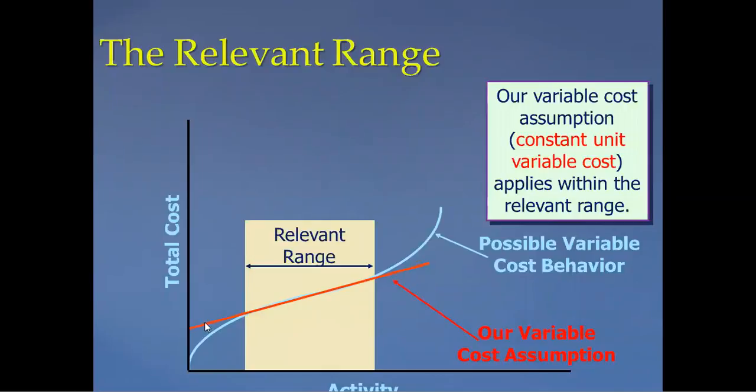So another way to do it is to input every single data point that you have, and Excel has the ability to do that through a function. So you input every single data point, so every single activity and its related costs.